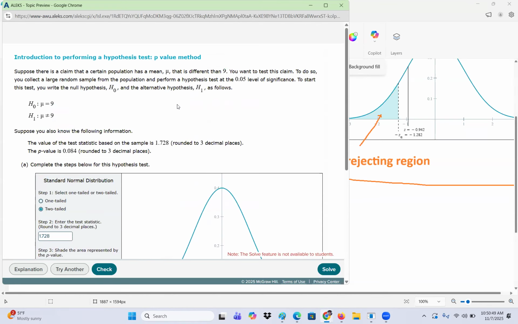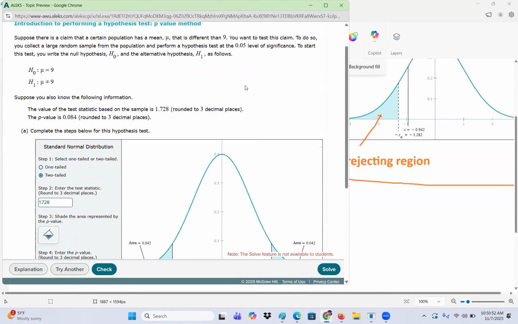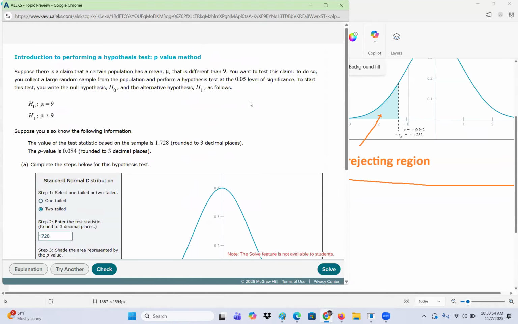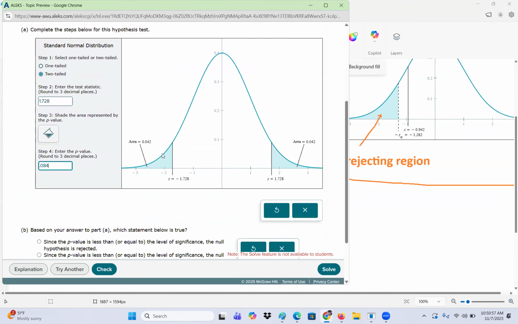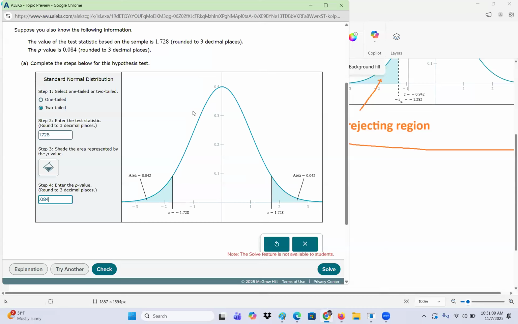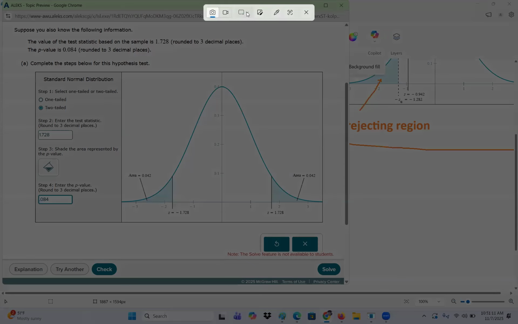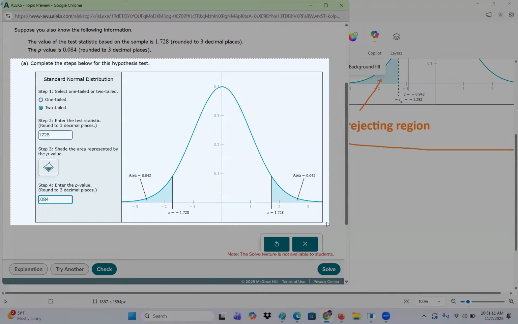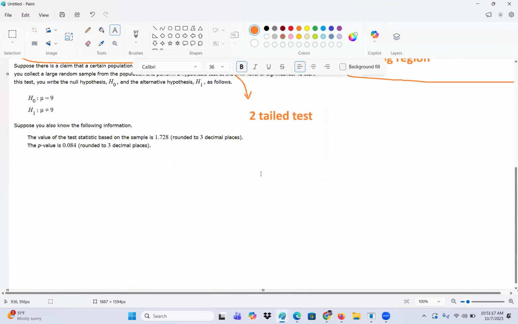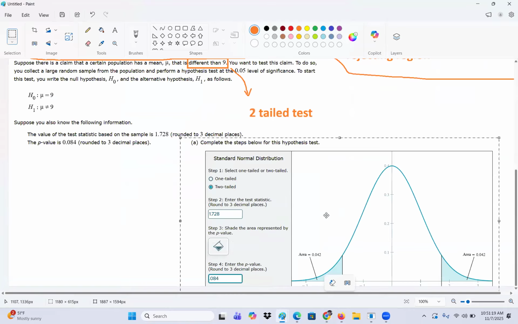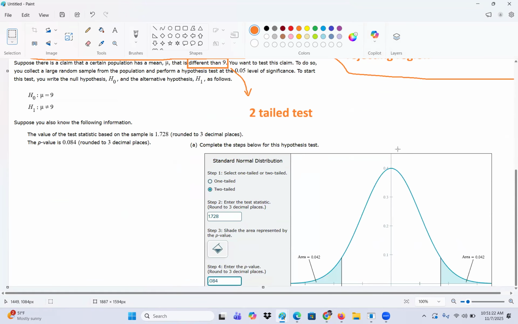So now we're looking at the alpha equal to 5%, right? So 5% is supposed to be 2.5% each. I know it's really hard to see because the curve doesn't give you that. Let me just show you what it is. I don't think I have enough space for that.